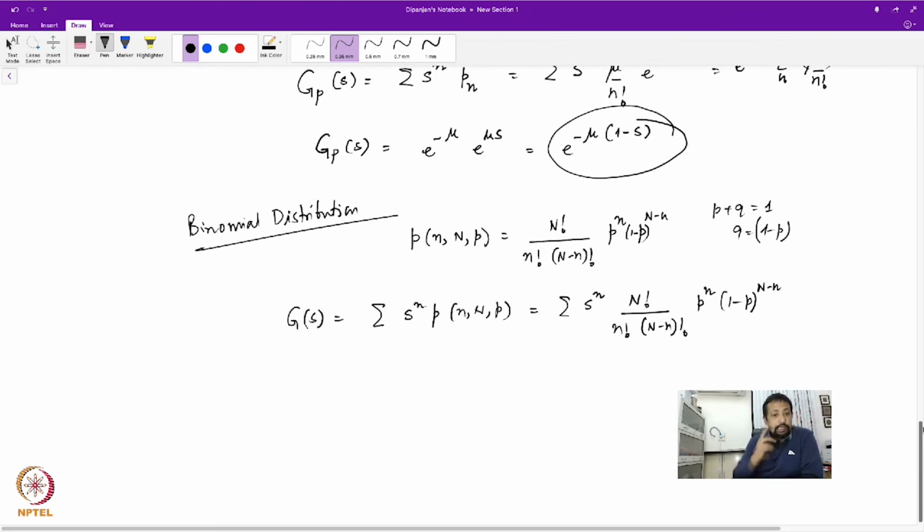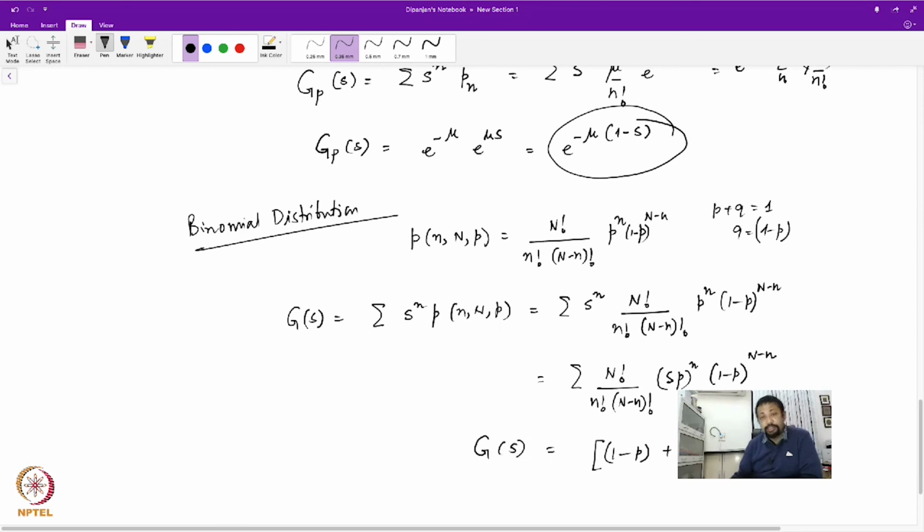If you are careful enough, I can simply write this as the sum of N factorial over n factorial (N minus n) factorial, (s p) raised to the power n, (1 minus p) to the power N minus n. So this clearly is (1 minus p plus s p) raised to the power N. So all the information that you encode is essentially contained over here.